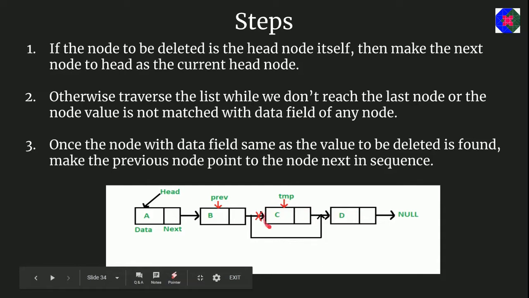In order to delete it, instead of the node B pointing to C, we make the connection between the node B and D. So now the sequence is A, B, D instead of A, B, C, D. And then we just free the node, and finally we have this linked list which has not this C node in its part. So now let's jump into the coding part and see how we can implement it in code.